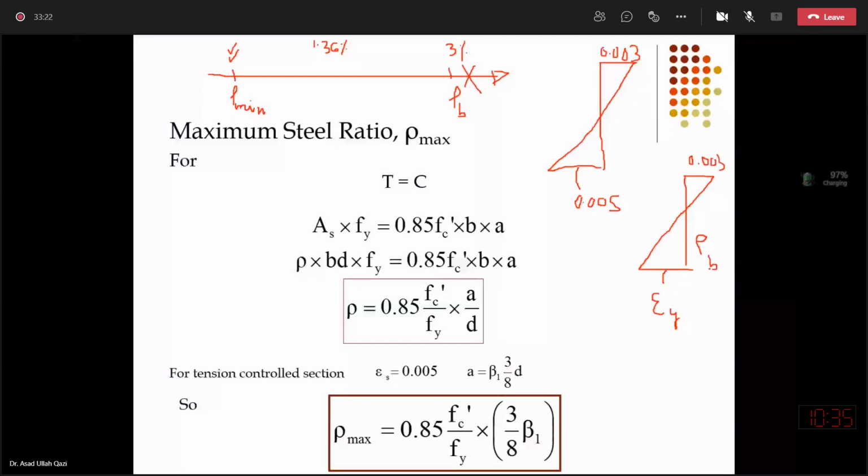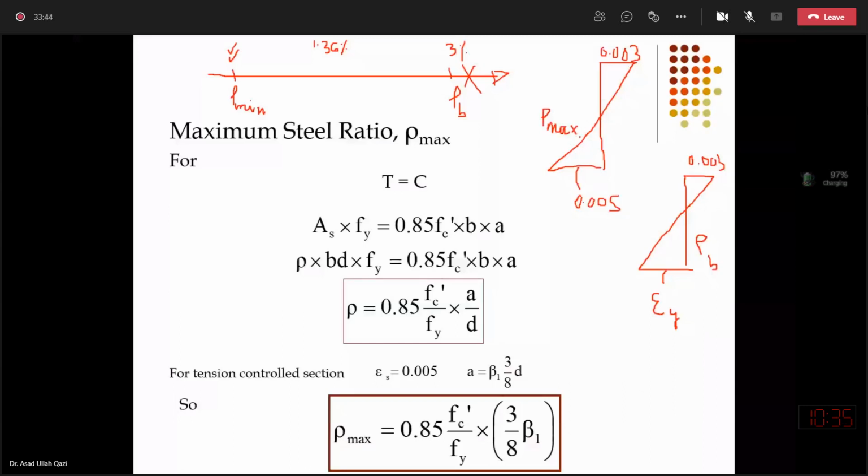And in this case, which is another desirable section, the rho that we will calculate will be rho with the subscript max. So this max means the maximum allowed reinforcement ratio.